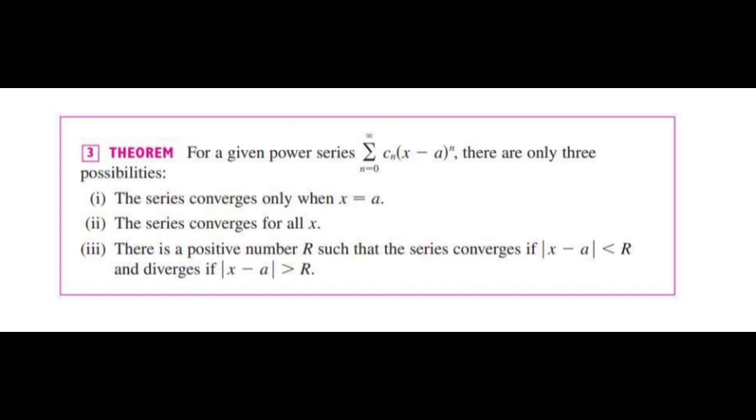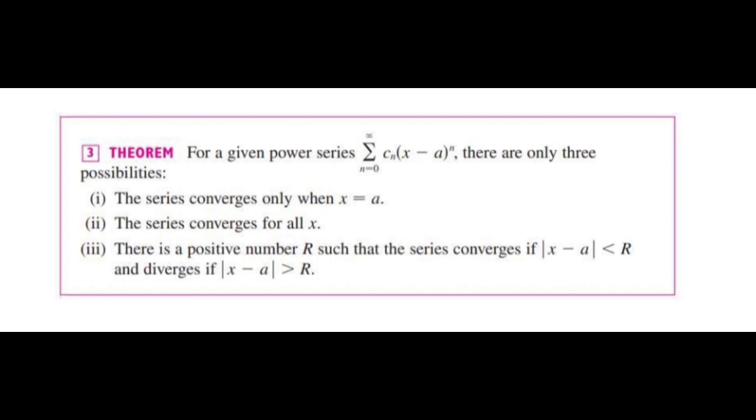Another important thing to consider is that for a given value of x, the power series becomes a series of constants. So the fundamental question is, for which values of x does this series converge? The set of all x for which the series converges is called its interval of convergence.